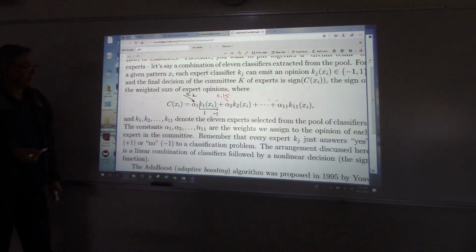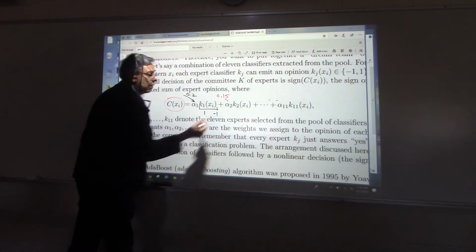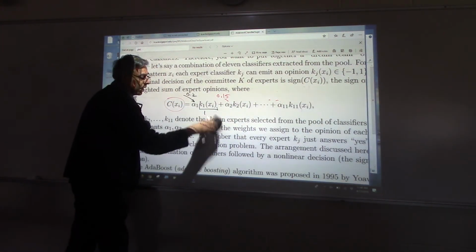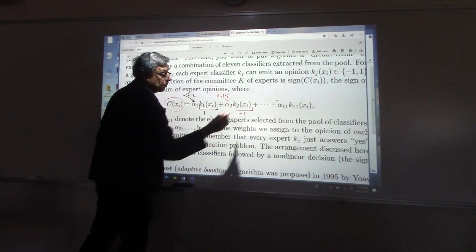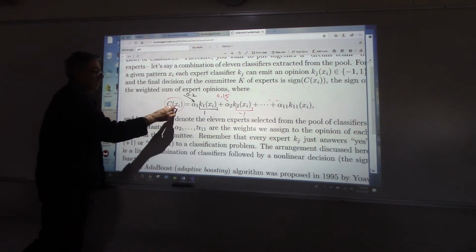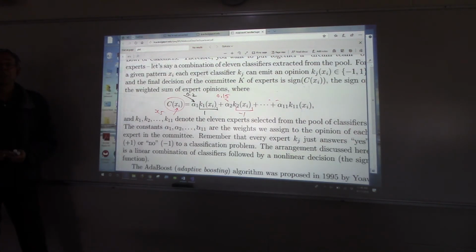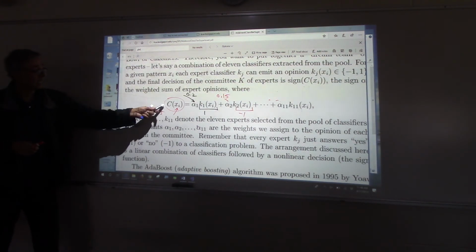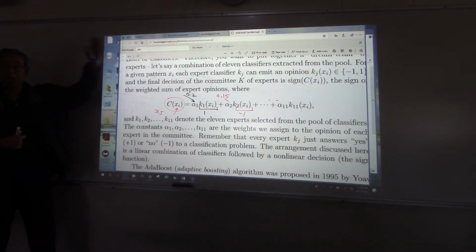So my question to you is, in the end, what will this do if I go through all of them? Let's say the first classifier said the output should be 1. The second classifier says the output should be -1, and so on, for a given input. So suppose we fed in x5.